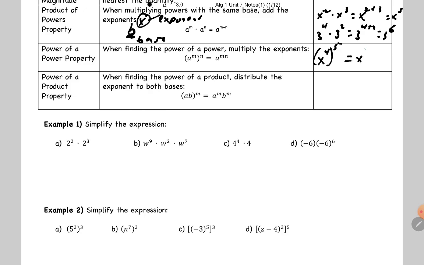So that's x to the 4 times 5, which is x to the 20th. Same thing here if I use a number: 2 cubed to the squared is the same thing as 2 to the 3 times 2, which is 2 to the 6.